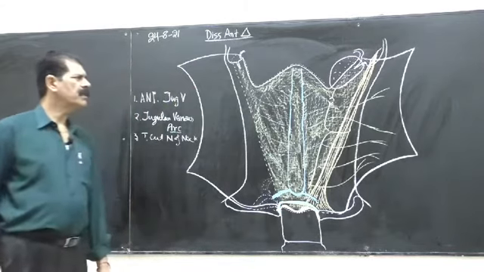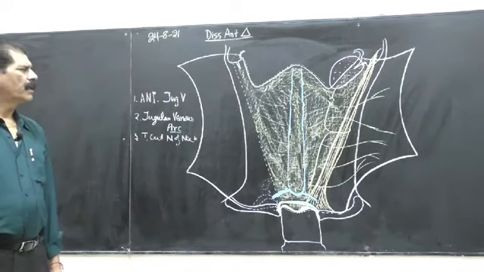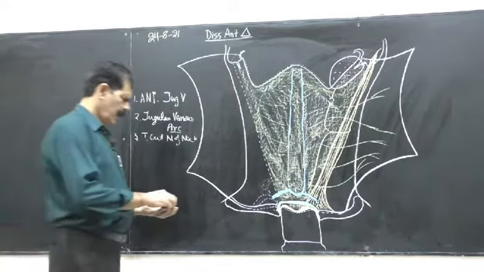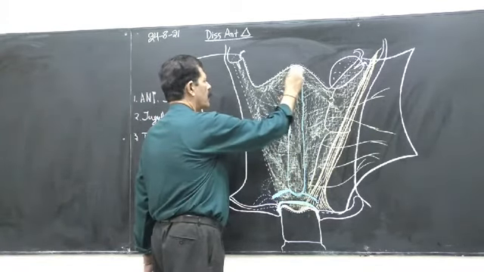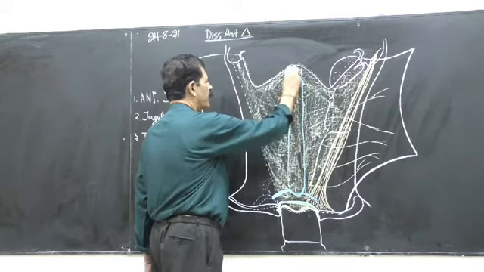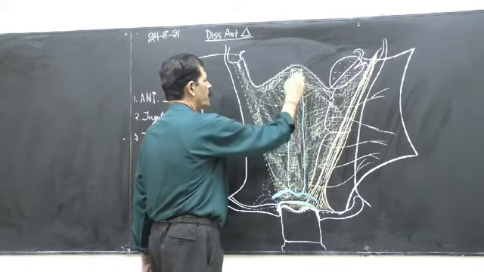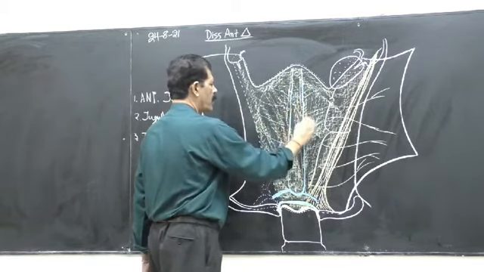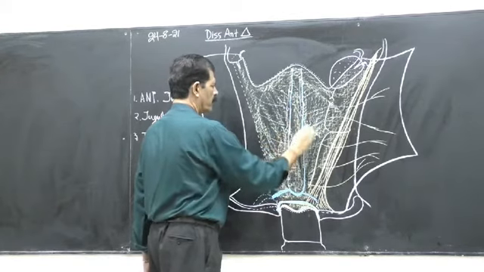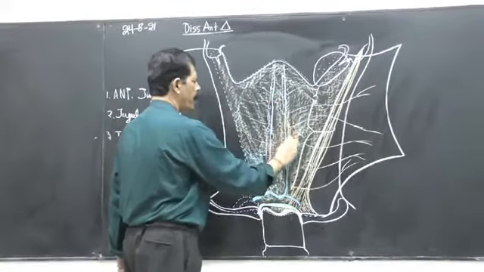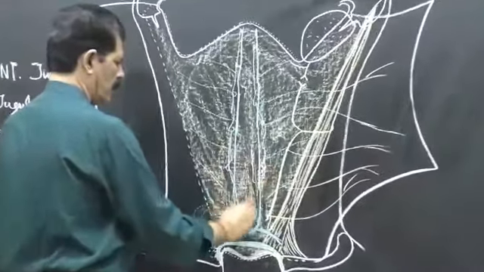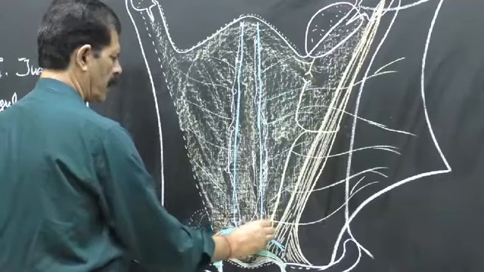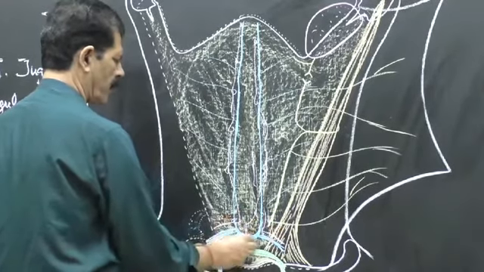So this much we see in the anterior triangle, and accompanying the veins there is the superficial group of cervical lymph nodes. Lymph nodes usually accompany the veins, and these veins carry the lymphatics with the lymph nodes together.